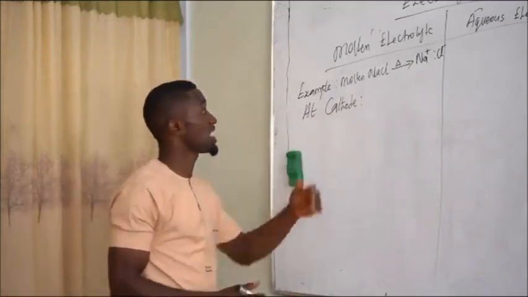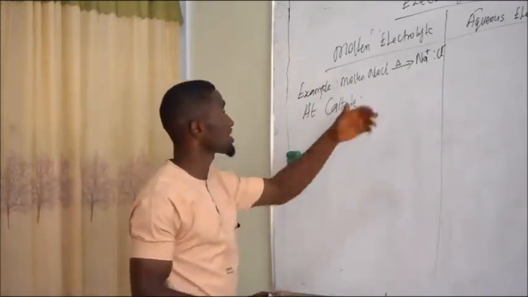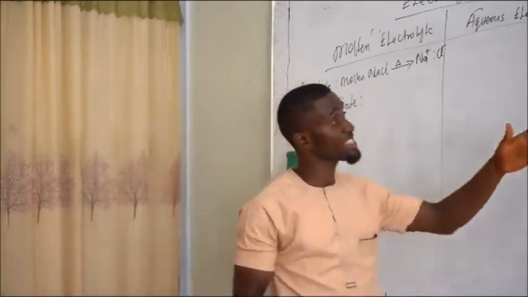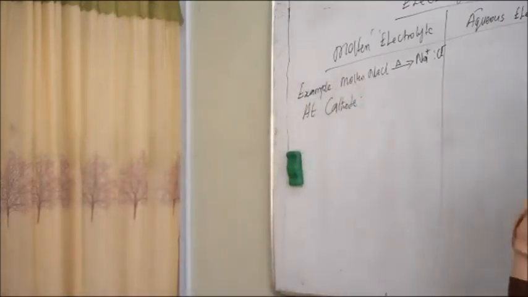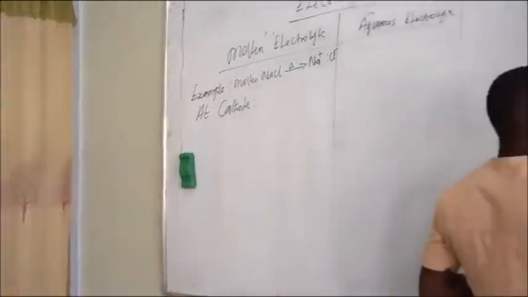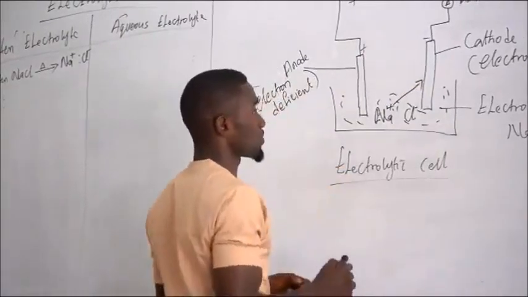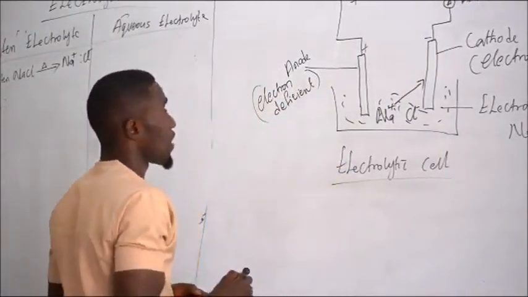Now, during electrolysis of this molten sodium chloride, at the cathode, which is the negatively charged electrode, the sodium ion migrates to the cathode.